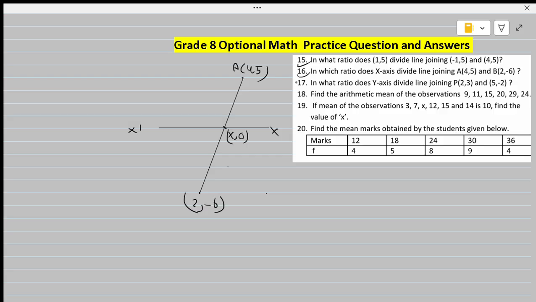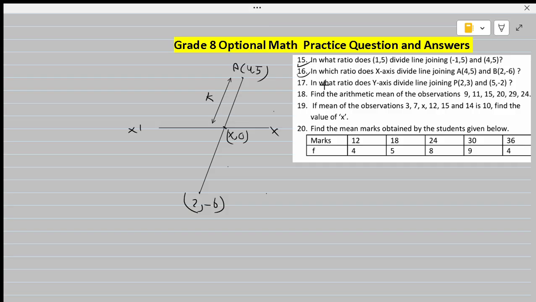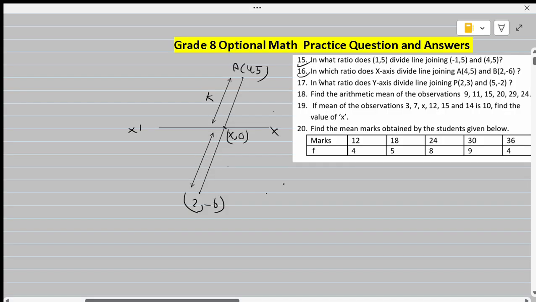Now this x-axis divides the line in the ratio of k is to 1, we consider. So here the first point is A, so this above part I consider k, and the down part I consider as 1. This way we can draw the diagram.